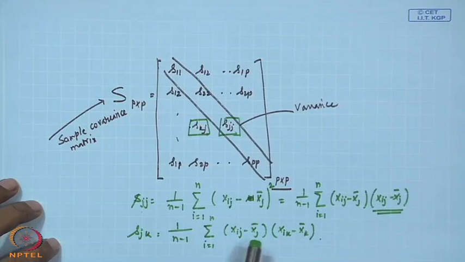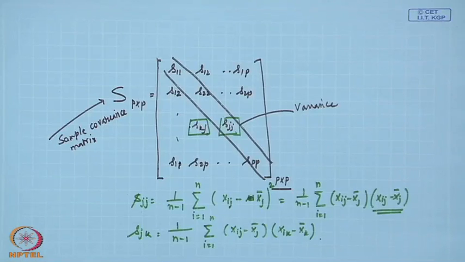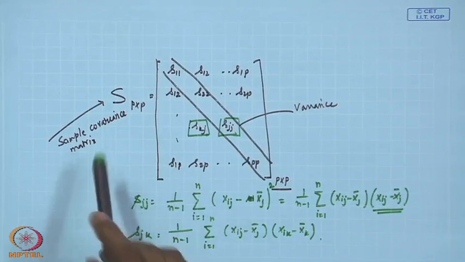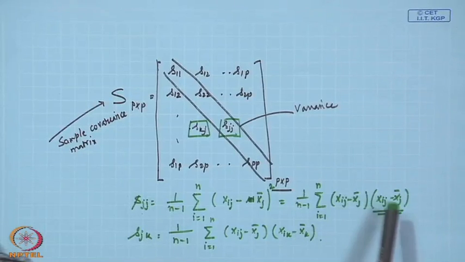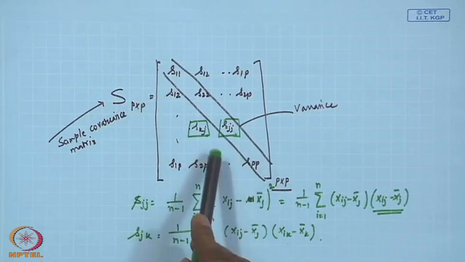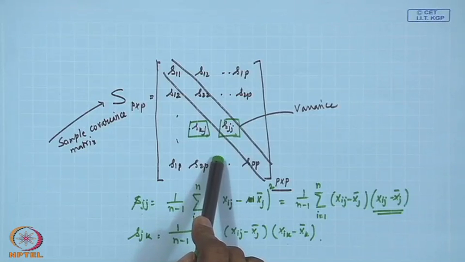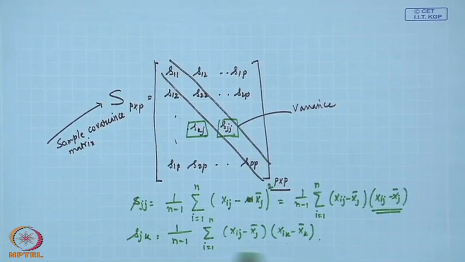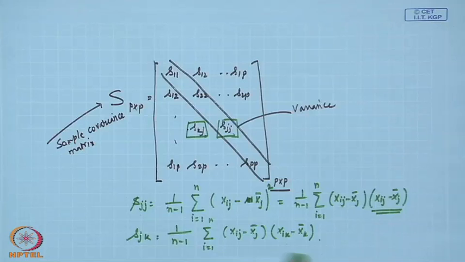What is happening here? Actually, if you see in the covariance case or the variance case, the original data matrix is transformed, and we will capture that concept here.